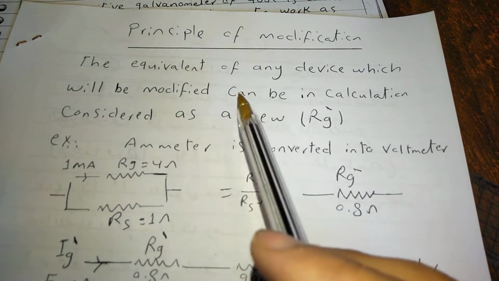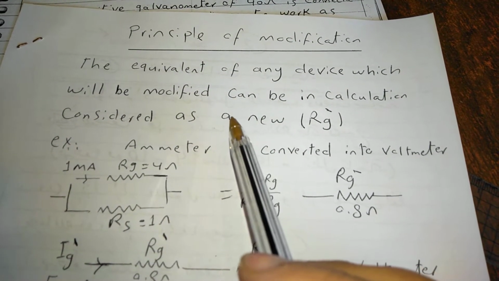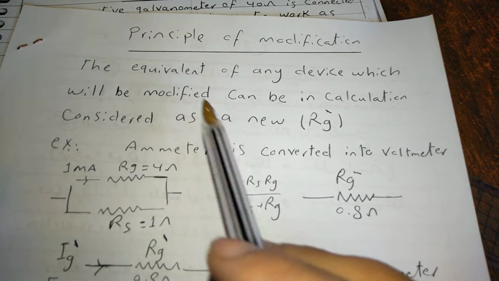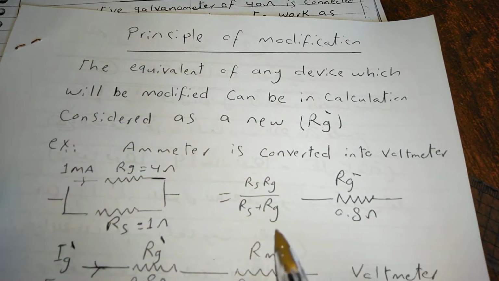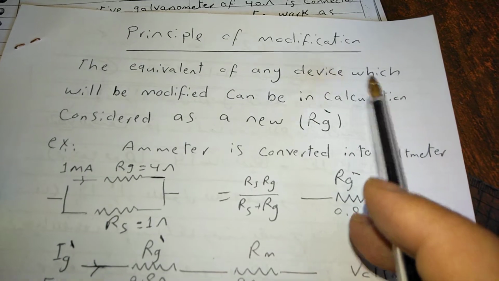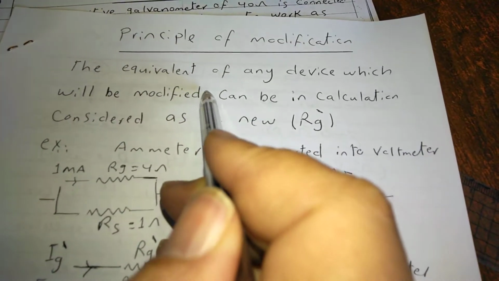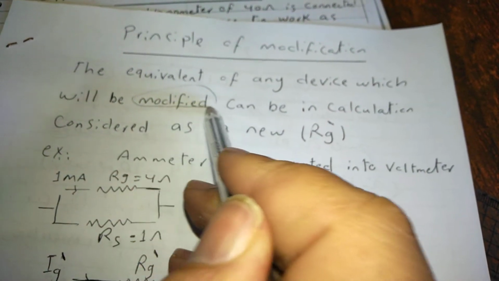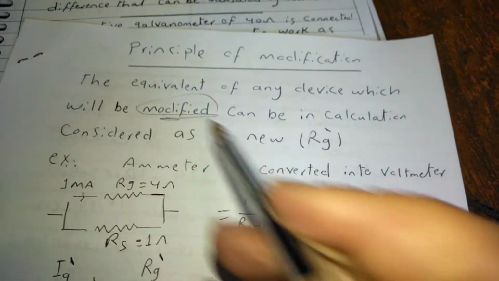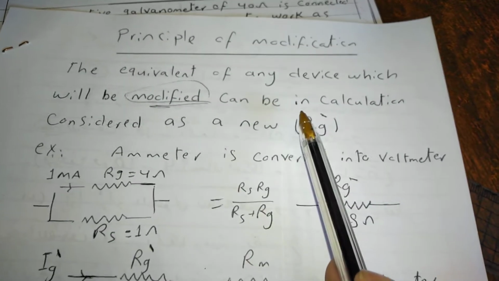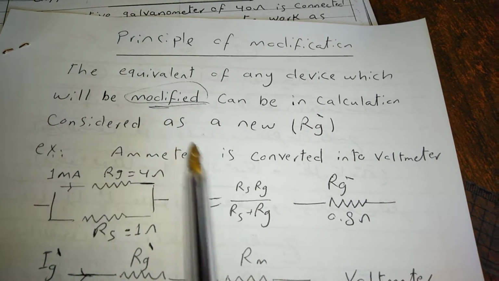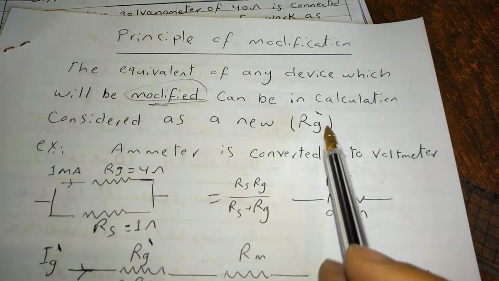The principle states that the equivalent of any device which will be modified can be considered in calculation as an RG.